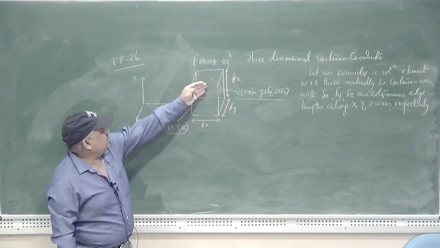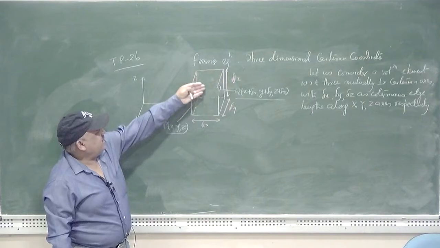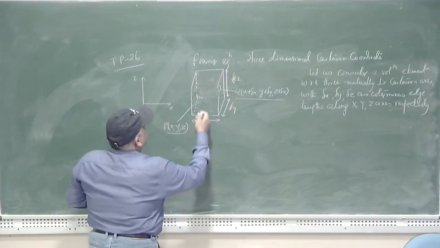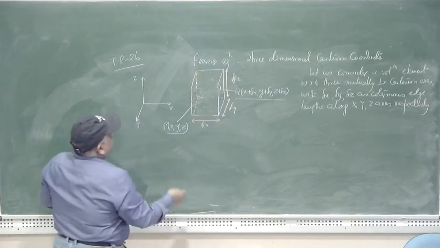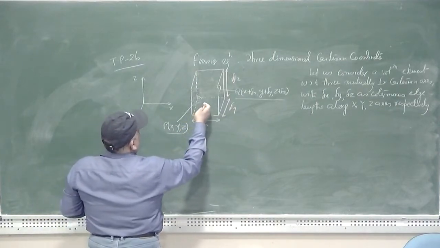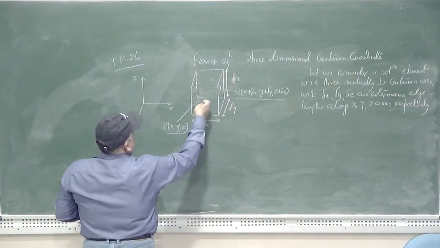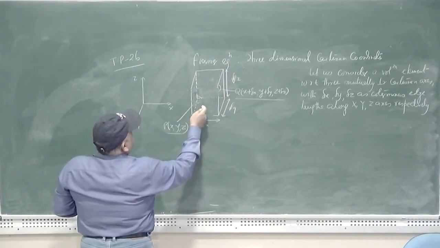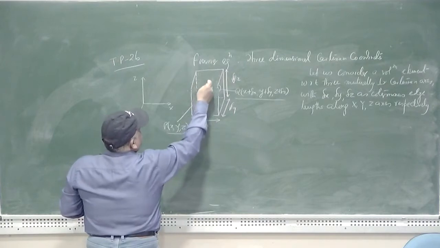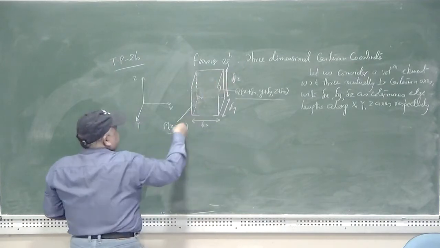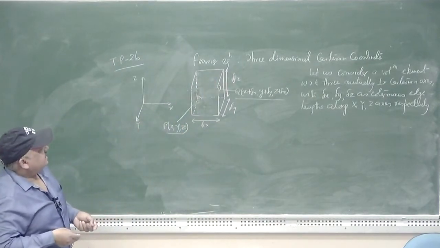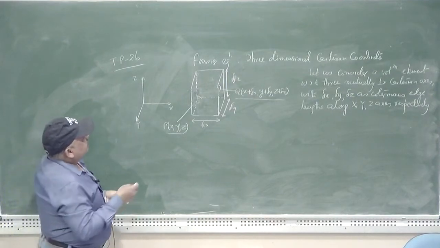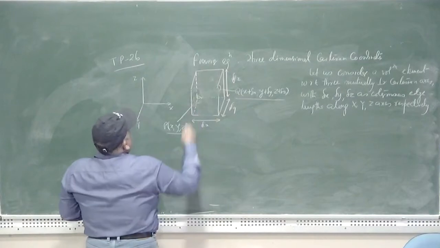If I am talking about this plane, then this is the surface through which heat is being received along the y direction, and along the z direction, and this is the surface through which heat energy is being received by this volume element along the y axis.